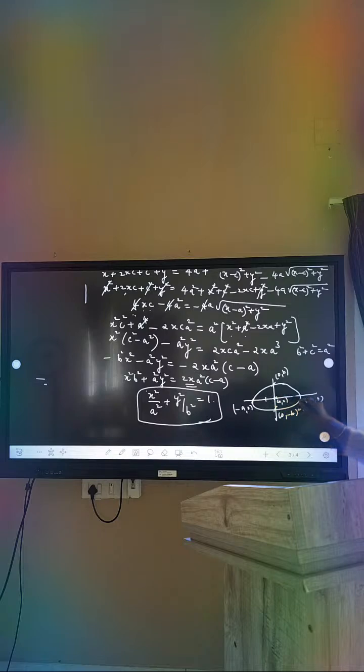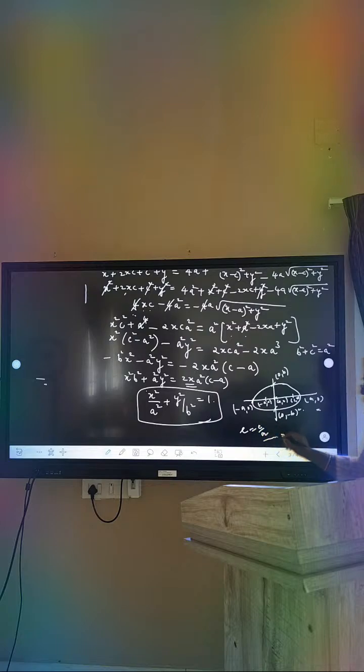The length of the major axis is 2a, the length of the minor axis is 2b, and the center is the origin 0 comma 0, and your foci are at the points minus c comma 0 and c comma 0.